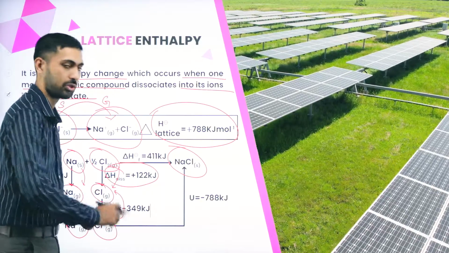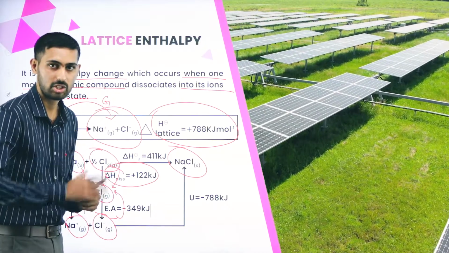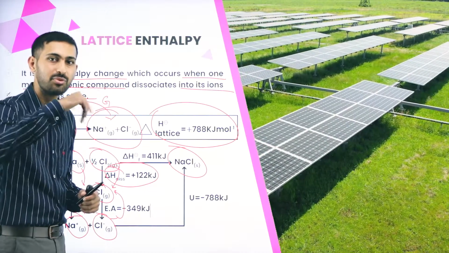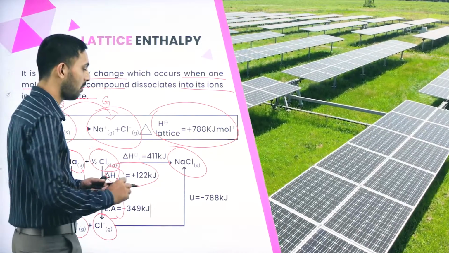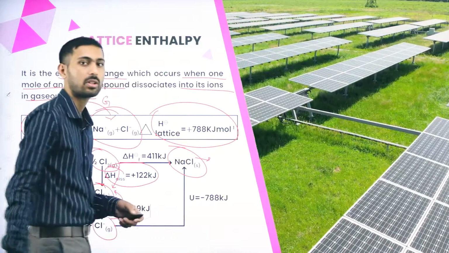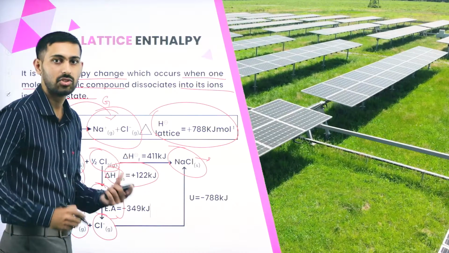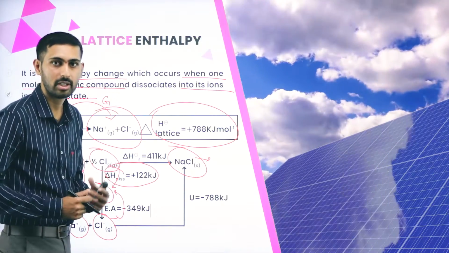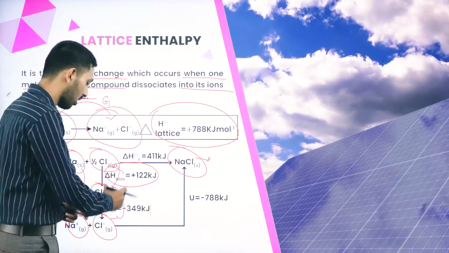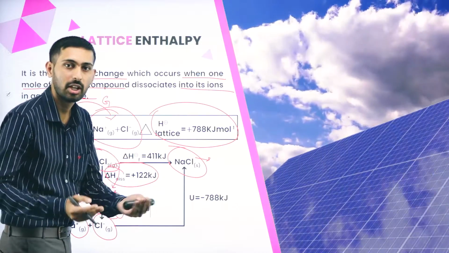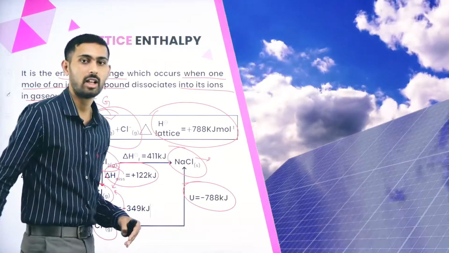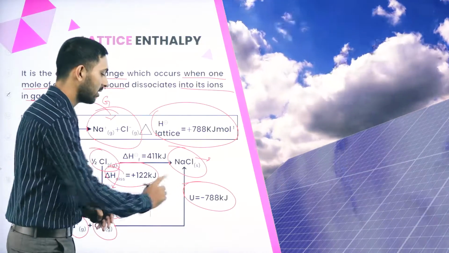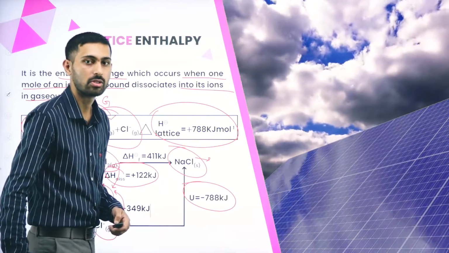After some time, let us freeze that, and you will get the purest form of sodium chloride. The energy needed to bring the two gaseous ions to solid state is known as lattice enthalpy. U is equal to minus 788 kilojoules.